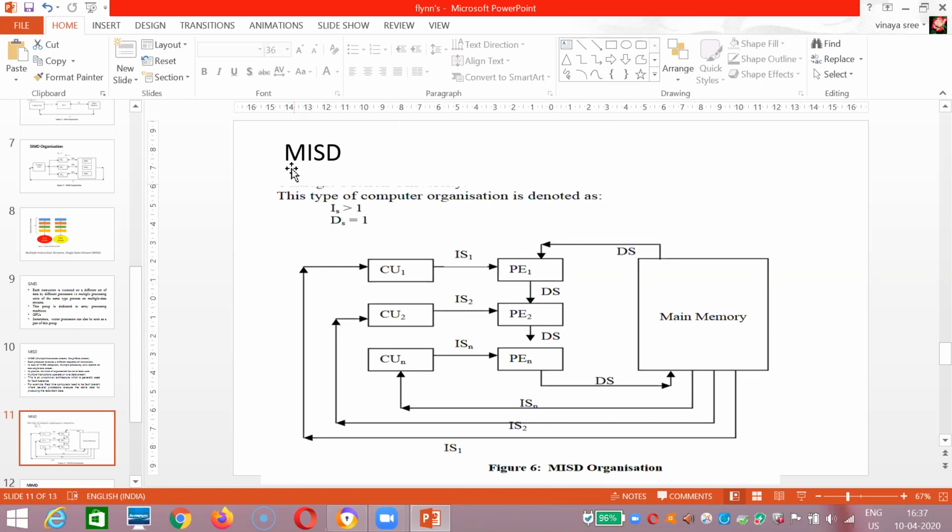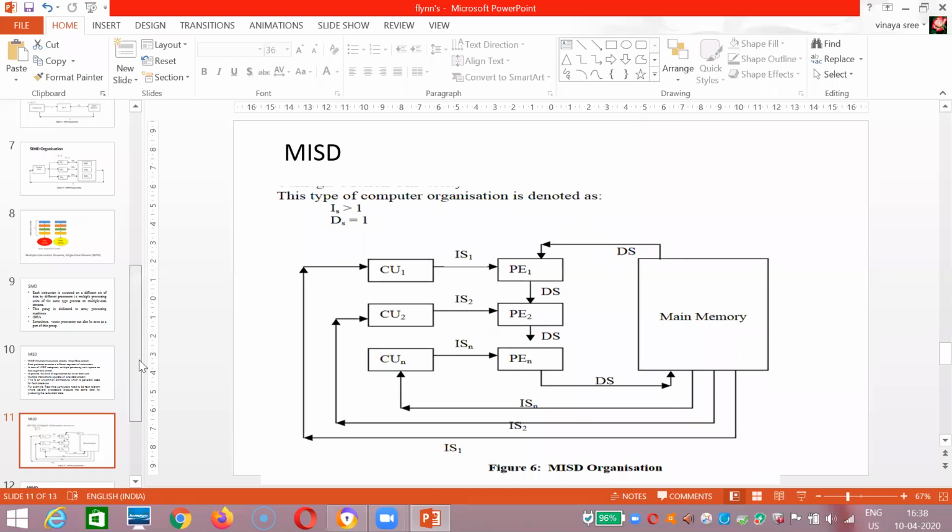Multiple instructions means a CU for each, so based on how many there are, that many control units will be present: instruction 1, instruction 2, instruction n. The instructions will be different, but the data provided will be the same. From main memory, the data is taken, all the instructions work on the same data, and finally the final data will be stored. So this is multiple instructions, single data.